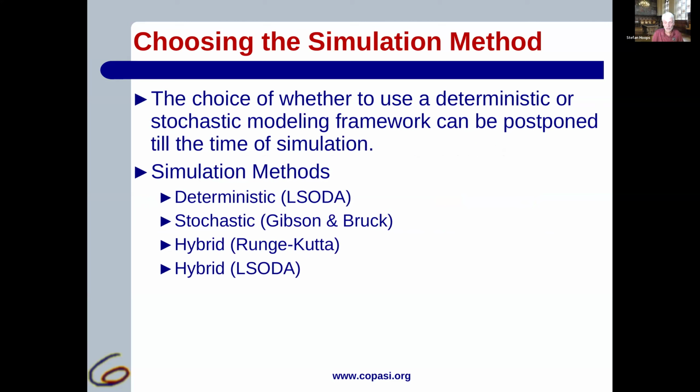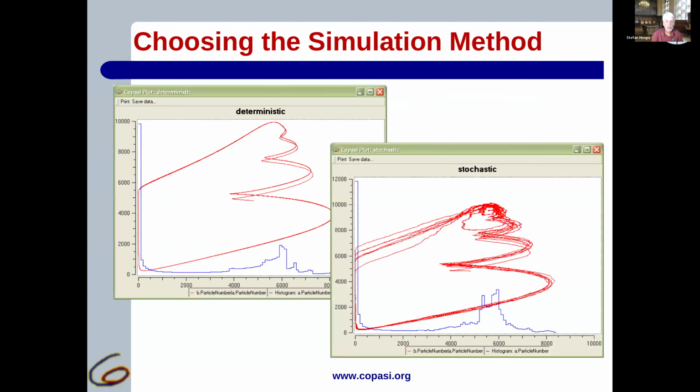In VCEL, you would create this application for the stochastic simulation. So here is just a simple comparison between deterministic integration and stochastic integration of the same model. You see obvious differences. You have noise, especially in the stochastic one. You have this inner circle, which doesn't happen in the deterministic at all.